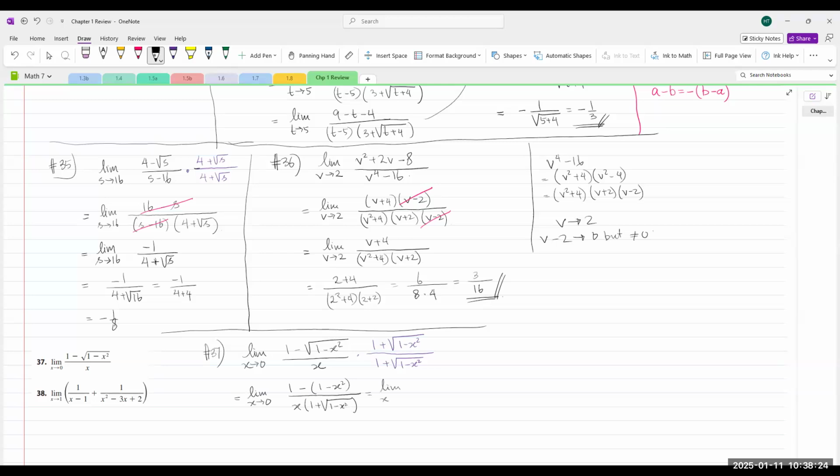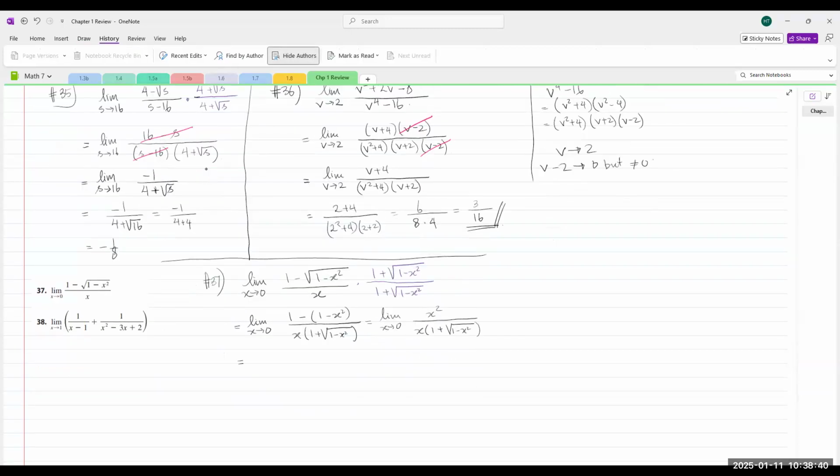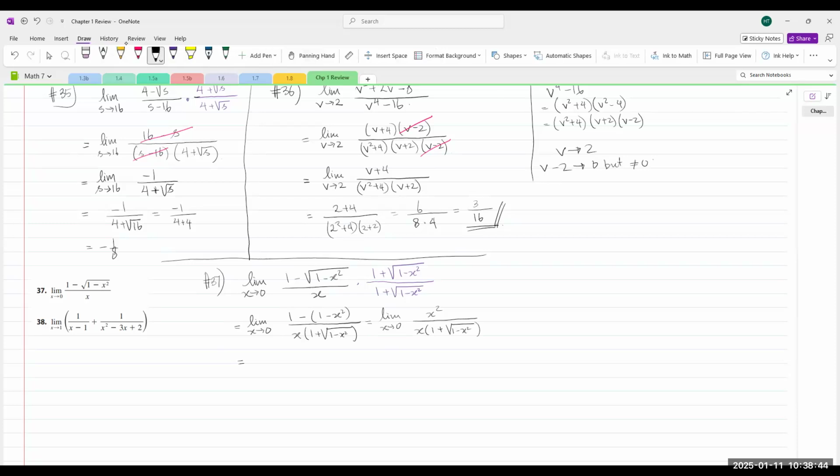Limit x approaching 0. The 1 cancels. I get x squared over x times 1 plus square root of 1 minus x squared. We can cancel one of the x on the top and the bottom, right? Because x approaching 0 means it is not 0. It is just approaching it. So we get limit x approaching 0 of x over 1 plus square root of 1 minus x squared.